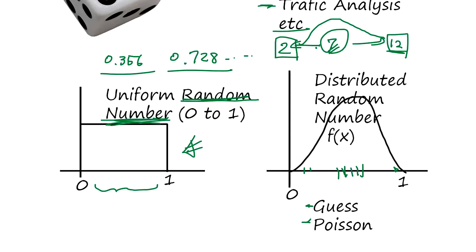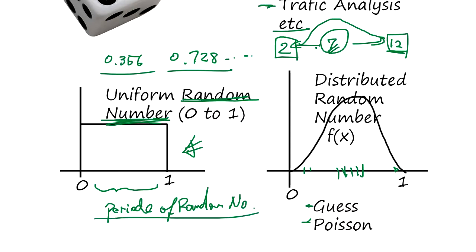So the nature of random number is very important, and also the period of random number. The random number generated by computer is not pure random number. It doesn't generate a random number forever. It generates a long sequence and repeats.